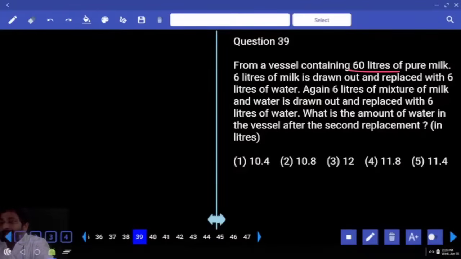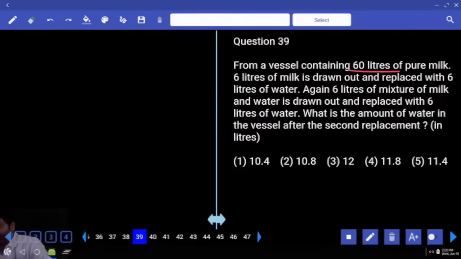How many replacements happened? 2 replacements. Initially, how many liters do we have? How much quantity is taken out? Can you tell me the same in another way? 10%. Perfect. 10% of the quantity is taken out. Can I call it like that? Initially 60, right? What is 10%? So instead of saying 6 liters is taken out, I'll say 10% is taken out.